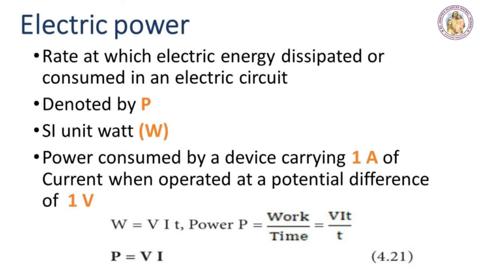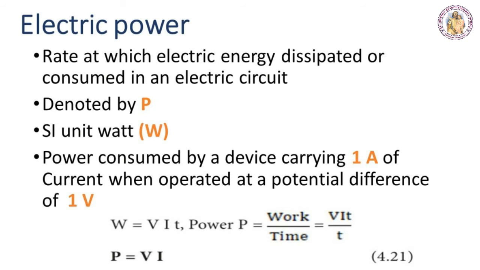In general, power is defined as the rate of doing work or rate of spending energy. Similarly, electric power is defined as the rate of consumption of electrical energy. It represents the rate at which electrical energy is converted into some other form of energy.